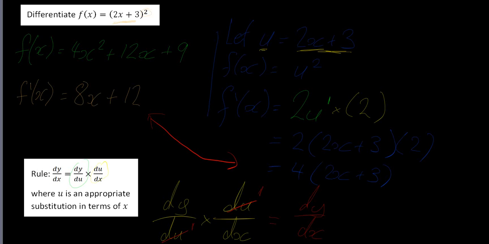But otherwise, when you want to find out dy dx, we have to find out what these are one at a time. So first of all, find out what the derivative of y is with respect to u, and then find the derivative of u with respect to x.